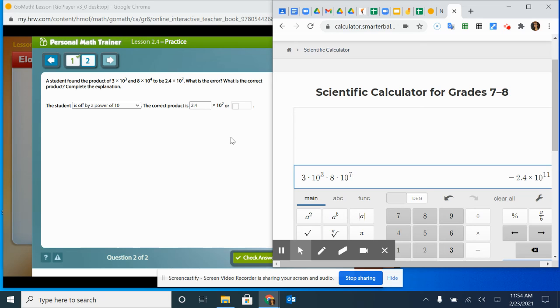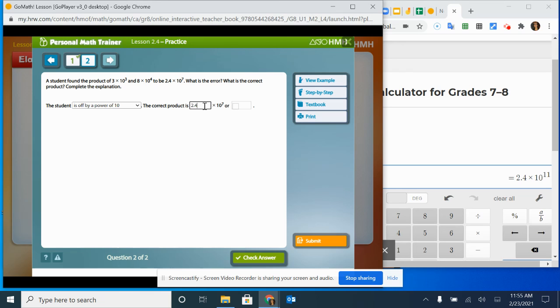What is the error? What he did is he added the exponents, the powers, and then multiplied 3 times 4, but then he just wrote it as 2.4. If you add the exponents, then he should have put 24.